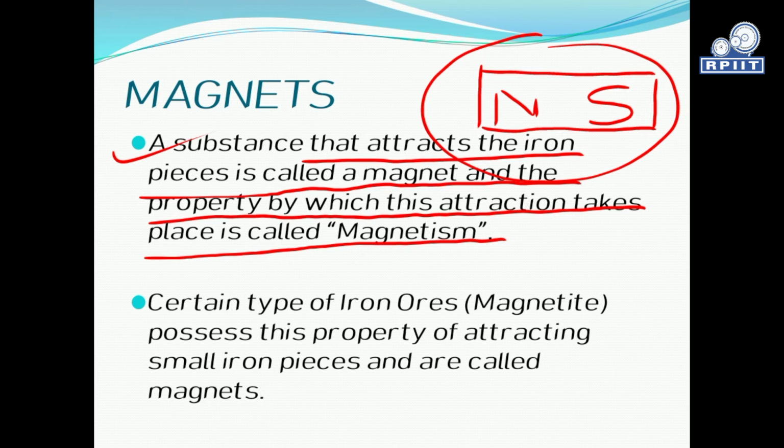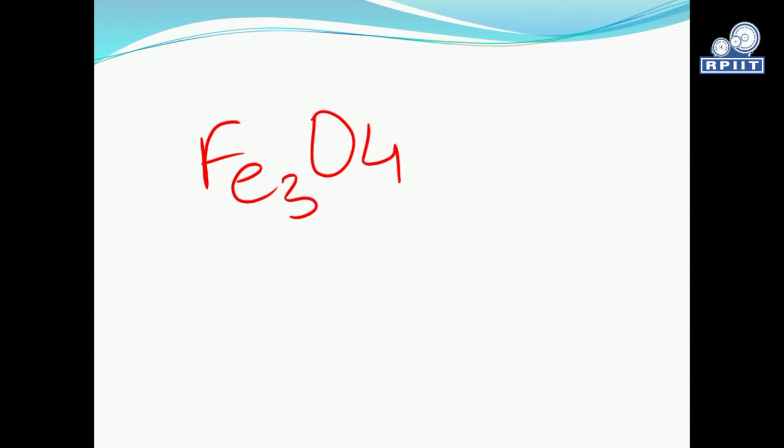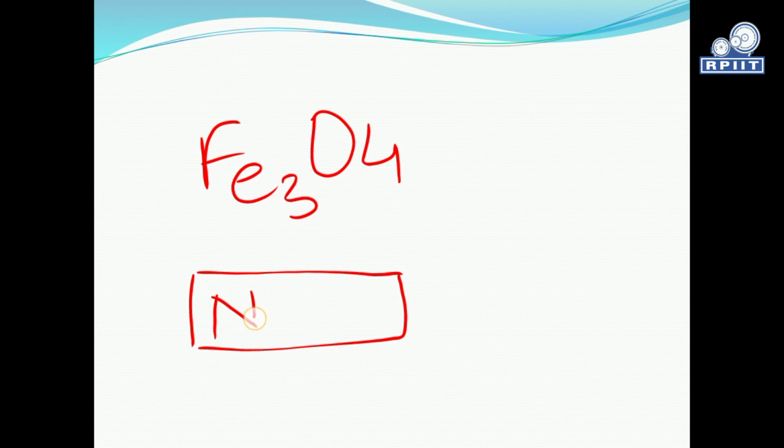Certain types of iron ores, that is magnetite, whose formula is Fe3O4, are magnets. Here is a magnet having north and south pole, and these are the magnetic lines of force.